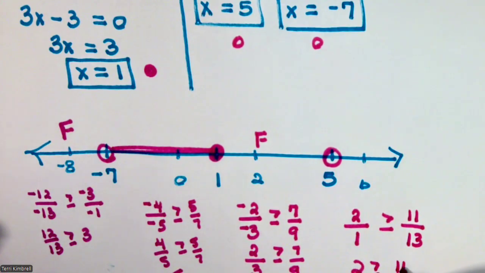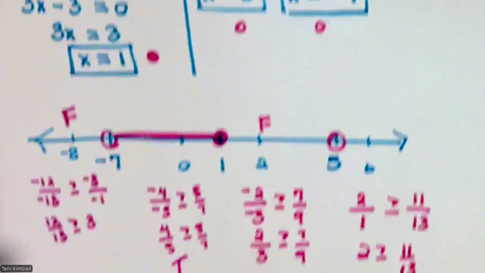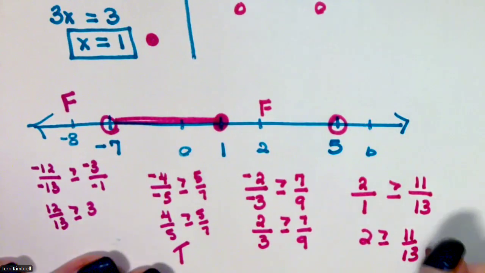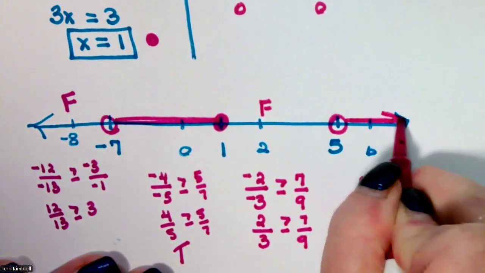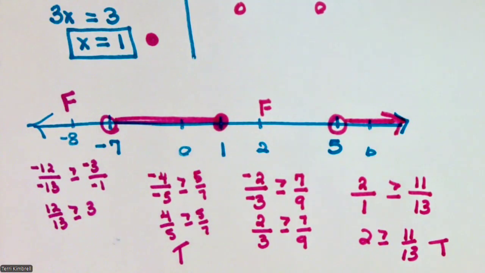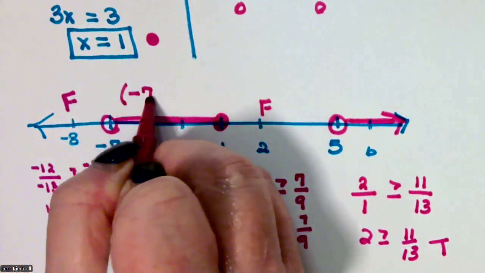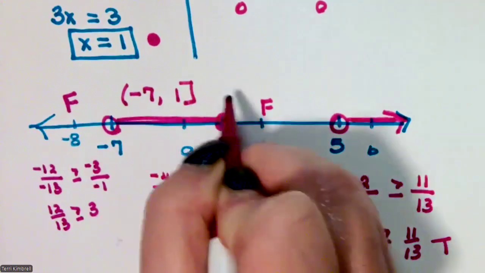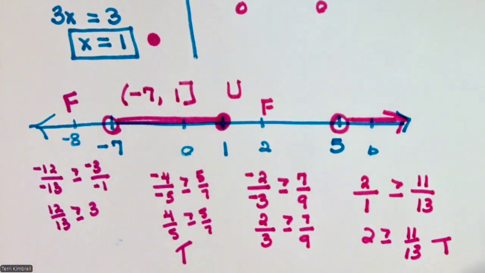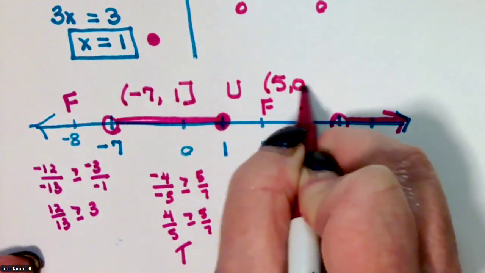So is 2 bigger than 11/13? Yes, that would be true. Okay, so I definitely say these last ones were probably the hardest ones. So to put this answer, we would have a parenthesis, -7 to 1 bracket, union 5 to infinity.